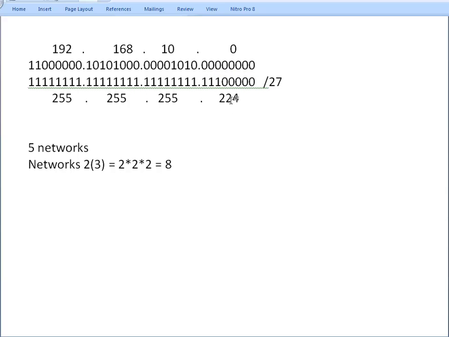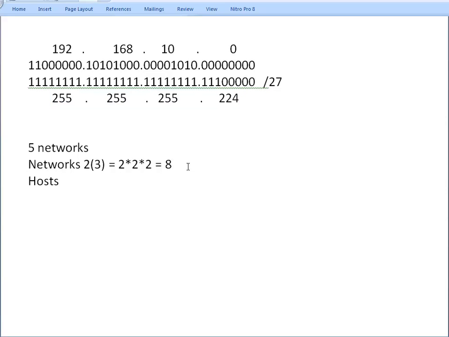So 224. Okay, great. Now we know the subnet mask. For the 5 networks, we're going to borrow 3 bits. We're going to change 3 zeros into 1s. That's going to be our prefix length, that's going to be our subnet mask in decimal, and we'll get 8 networks.